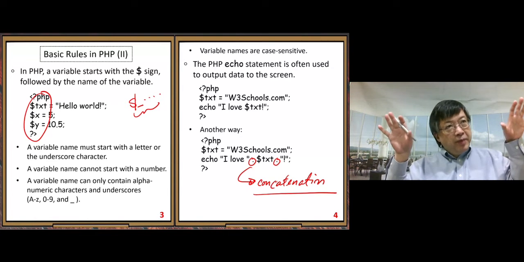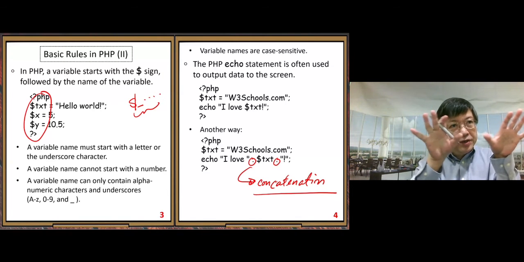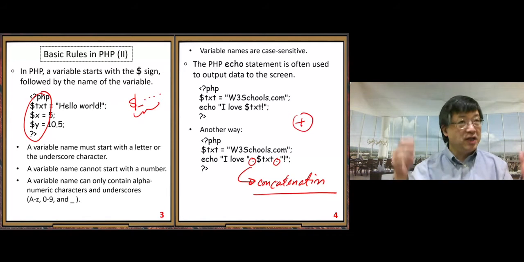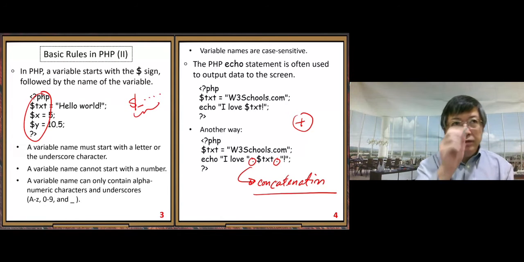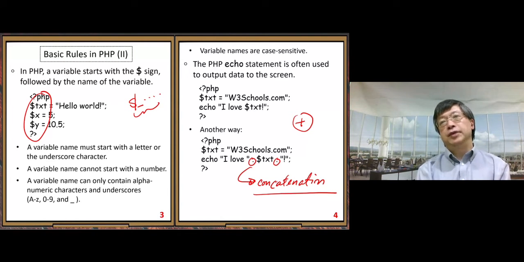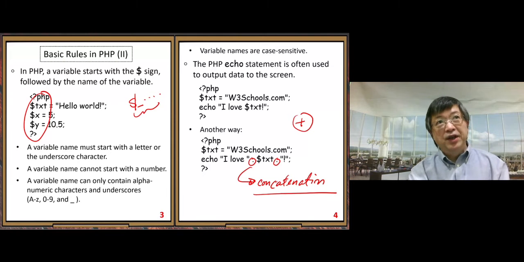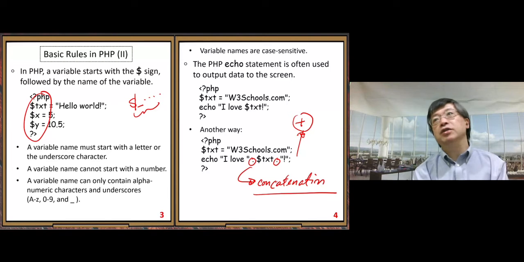So you basically connect several pieces together. In Java, we use the plus sign to do string concatenation. In PHP, it is the dot operator, so try to get used to it. In PHP, we don't use the plus sign to do concatenation, because that will cause confusion. We reserve it for arithmetic operation.